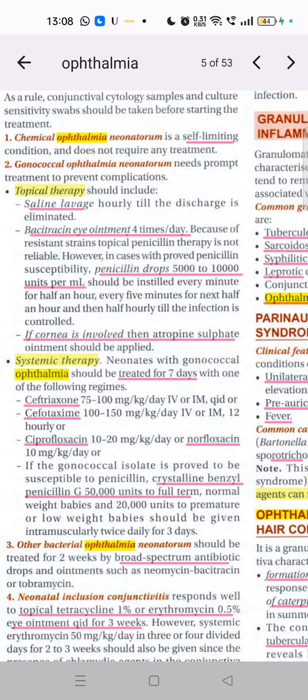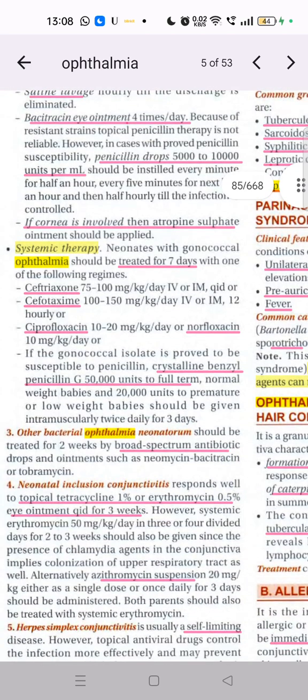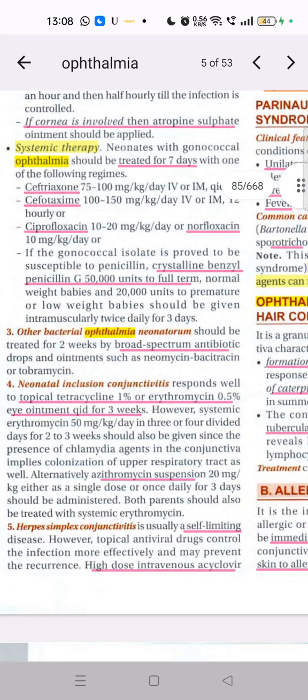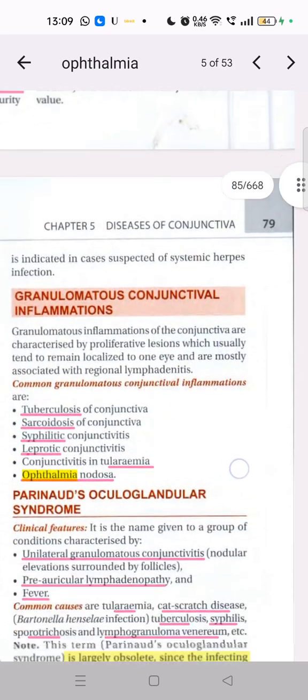In systemic therapy, we have ceftriaxone or cefotaxime or ciprofloxacin. In other bacterial infections, we give a broad spectrum antibiotic for 2 weeks. In trachomatis infection, we give topical tetracycline. And in herpes simplex, it is a self-limiting disease, but we can give IV acyclovir.